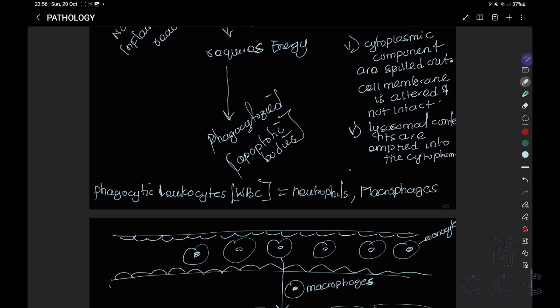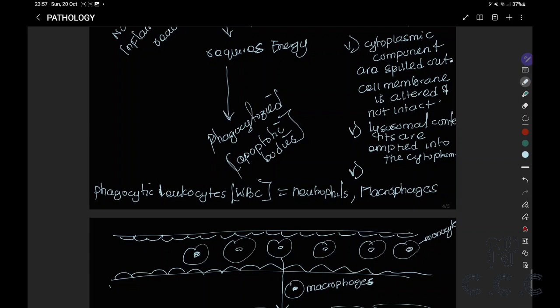And then finally, the cytoplasmic components are spilled out because the cell membrane is being tampered with, and the lysosomal contents are also being released right into the cytoplasm, destroying other proteins within the cytoplasm, and eventually also destroying the phospholipid bilayer that makes up the cell membrane.